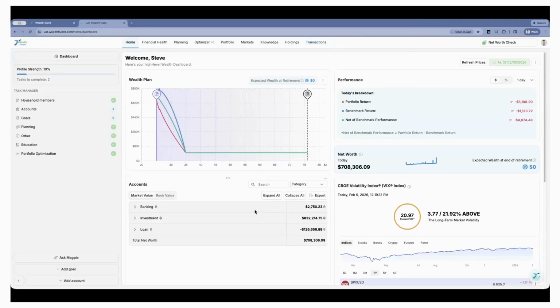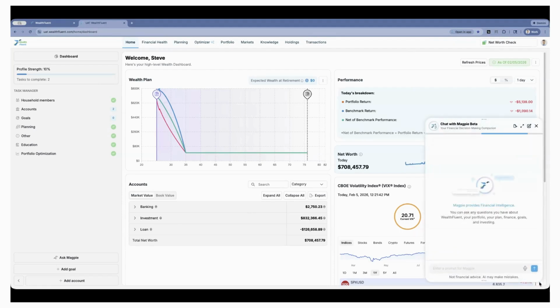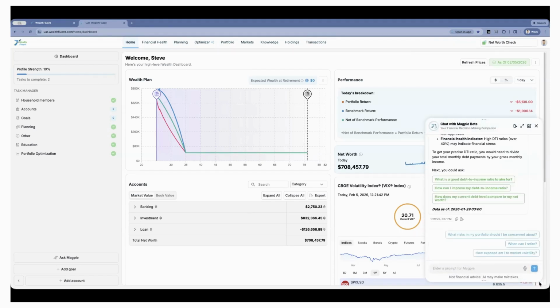And we've got this nice looking interface, but you also can always chat with our AI layer, which we call our AI agent Magpie. Magpie comes from our logo, which is a magpie, chosen because a magpie signifies wealth and luck and things like that.